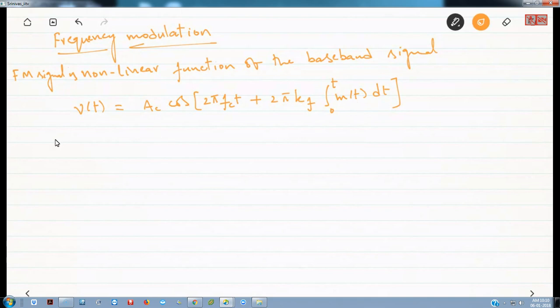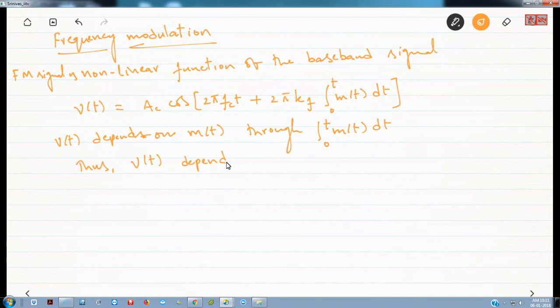So v of t depends on m of t through the integral from 0 to t of m of t dt. v of t depends non-linearly on m of t.